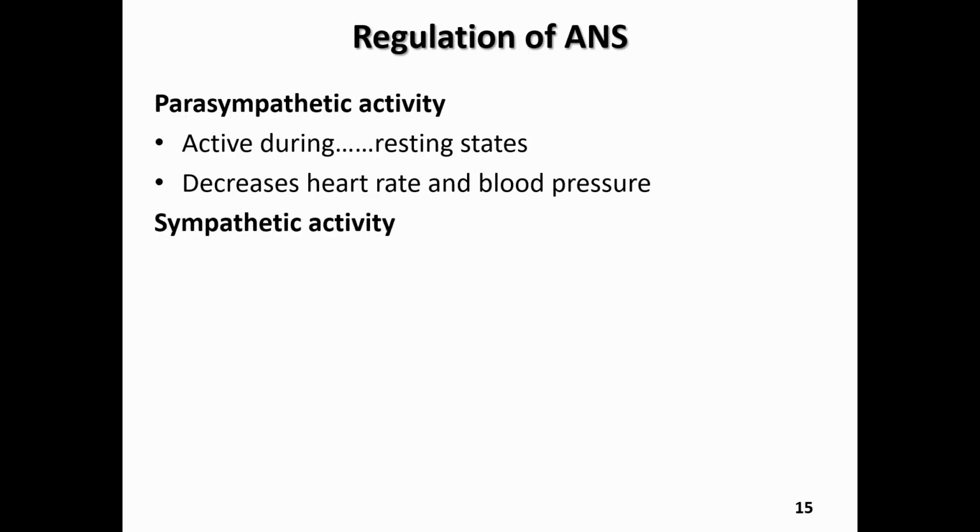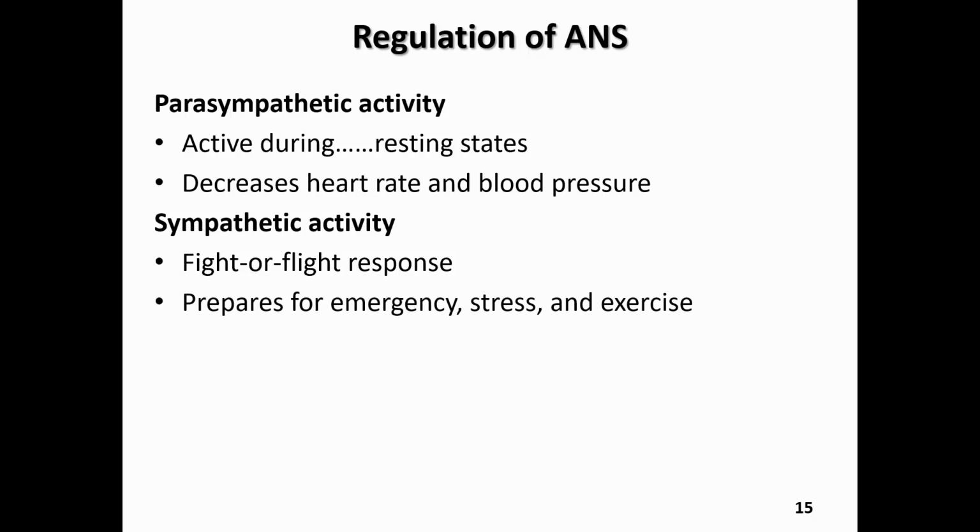Whereas the sympathetic activity is opposite and is often described as that branch of the autonomic nervous system responsible for the so-called fight or flight response. And this heightened activity of the sympathetic nervous system is what is typically active and mediates preparation for any perceived emergency situation, physical or mental stress, as well as physical exercise.